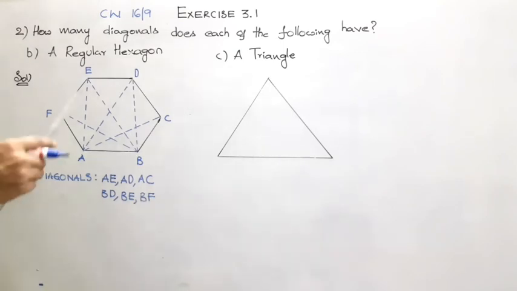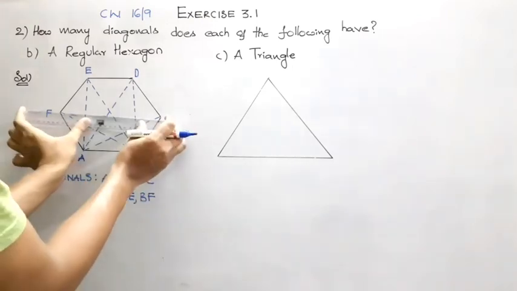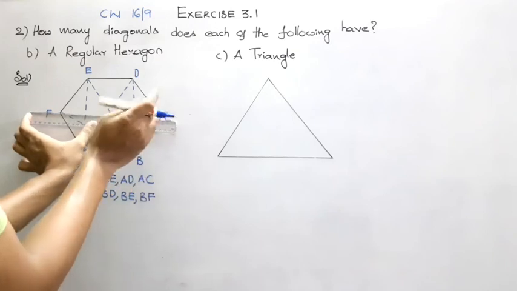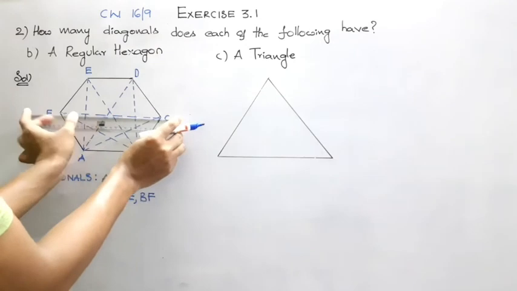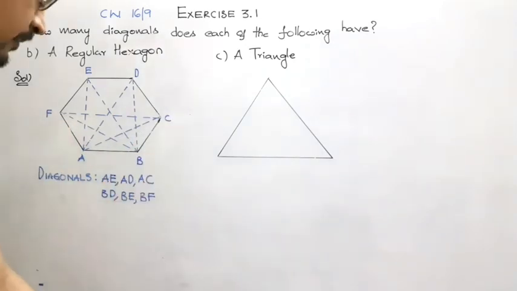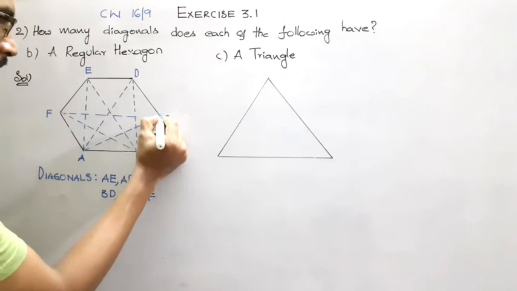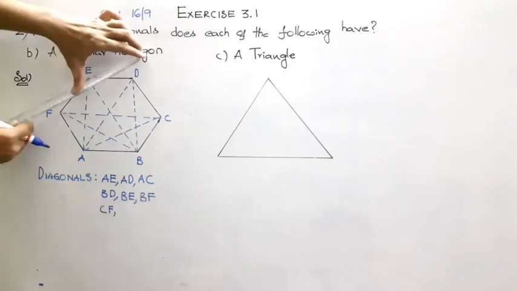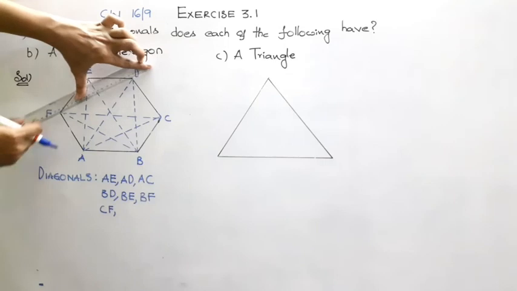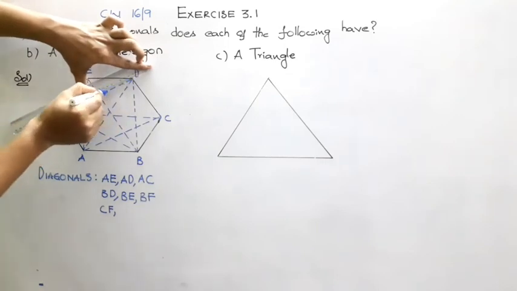And similarly from E also, can we get more? We already have those. Now look, C and F. And we have one more from F, it is FD or DF.